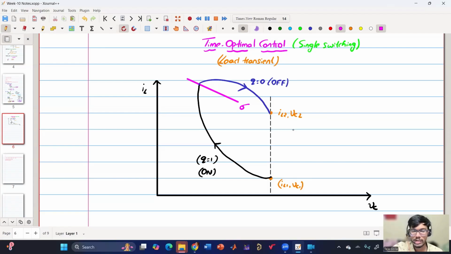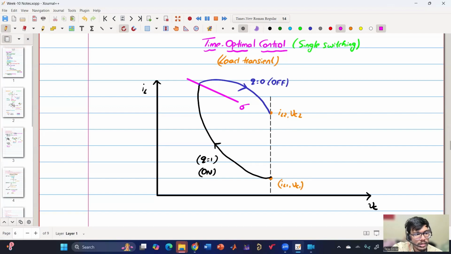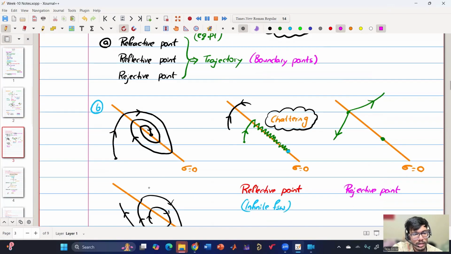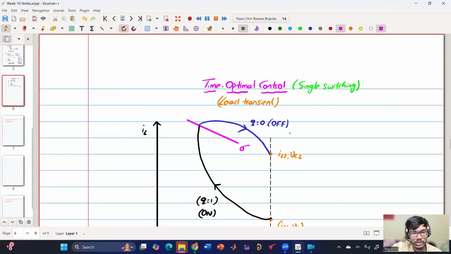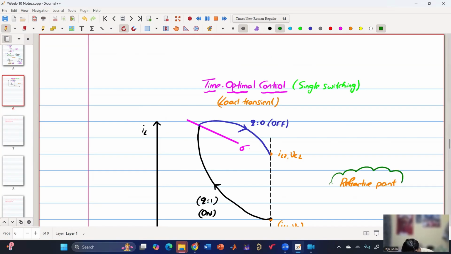And now you know that this is refractive, right? If you go back, this is our refractive point. If it is reflective, then it is sliding mode control. If it is refractive, then we are getting what we are actually hoping for. So this is the refractive point. Is that clear?